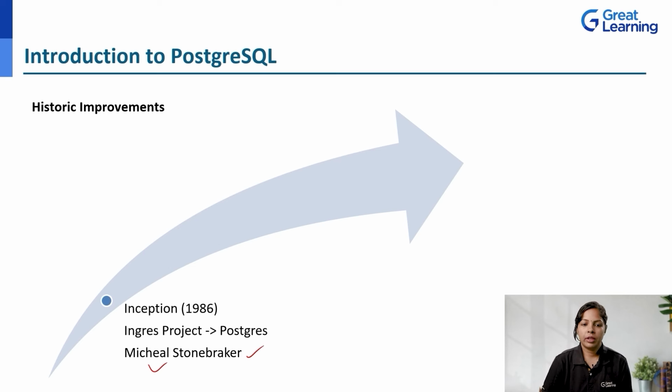Eventually, he kept working on it, and in 1986 itself, the project was renamed Postgres. By the time the project was renamed to Postgres, all the features of a database management system were incorporated into this project. Now, going ahead, in 1996 it was renamed PostgreSQL.